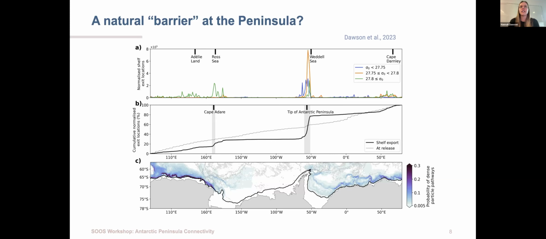It suggests that even if you have a weak connection, changes to that connectivity can remotely drive changes to shelf properties. I think a better way to think about it is that changes to a baseline connectivity, even when that connectivity is relatively weak, can be pretty important for driving downstream or remote dynamical processes.